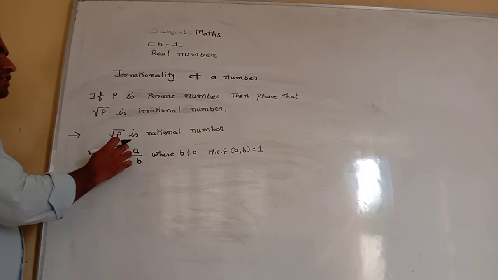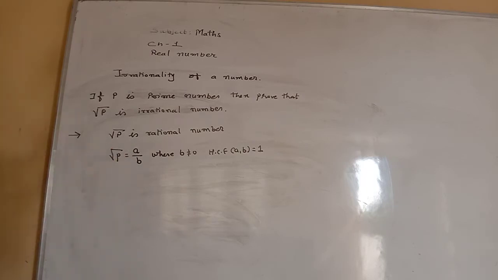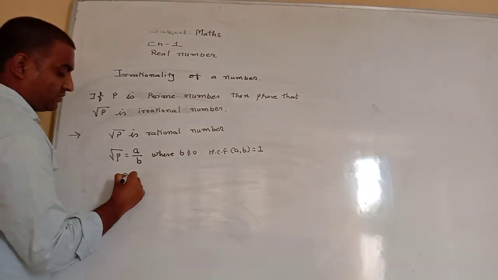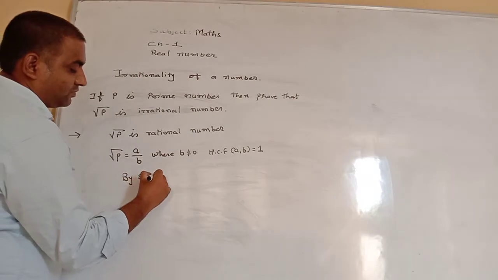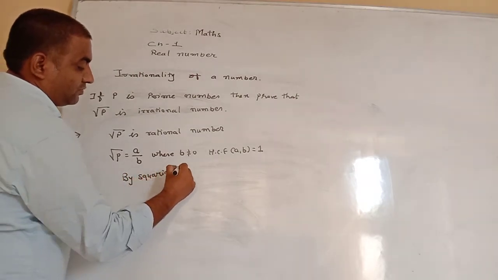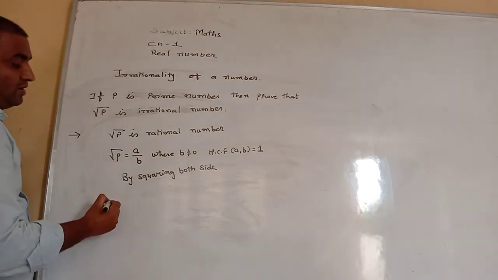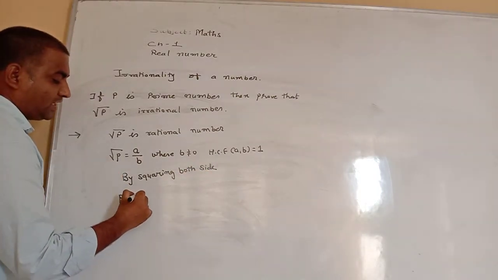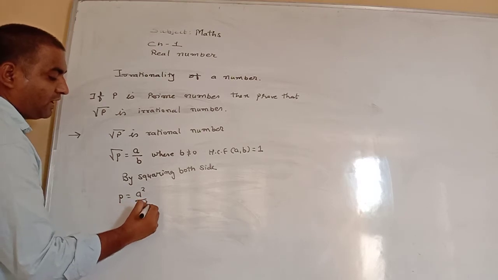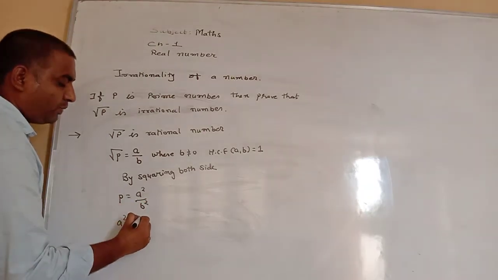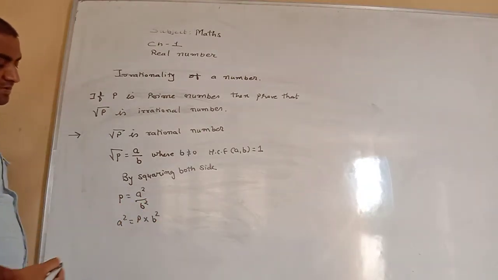Now root p equals a by b. By squaring both sides, p equals a square by b square, which means a square equals p multiply b square.